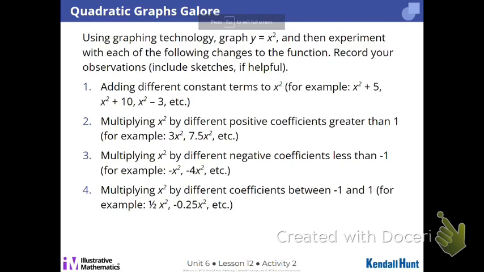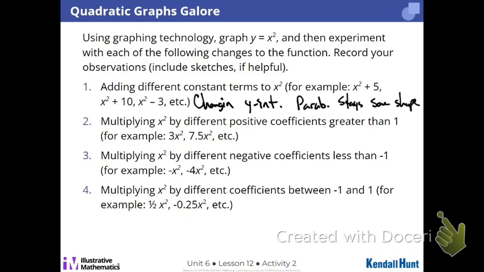Adding the constant is changing the y-intercept, which we already know that number is from things we've done. The parabola stays the same shape. We also use the word translation. We're only sliding it up or down. That's all that constant's doing. Same parabola, up or down.